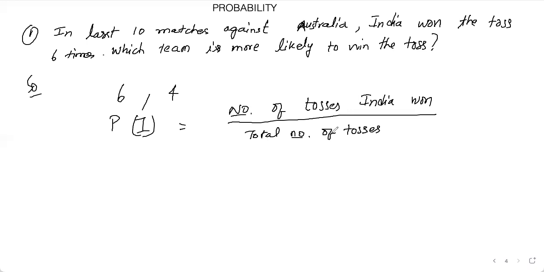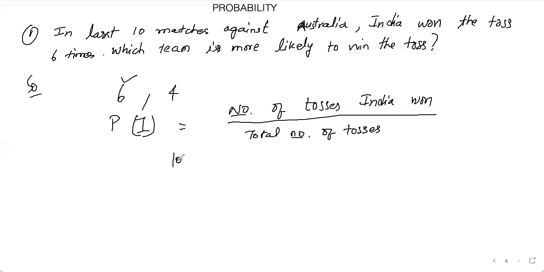What is the number of tosses India won? 6. And what is the total number of tosses? 10. So let us substitute that.